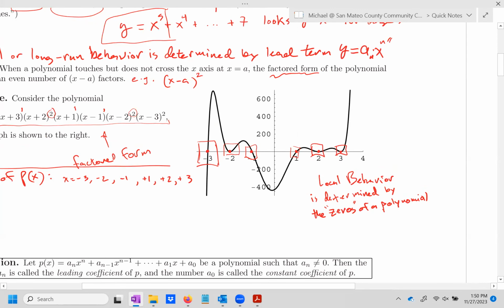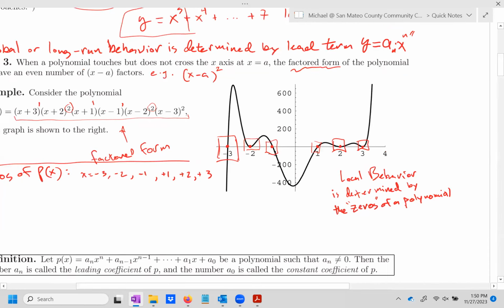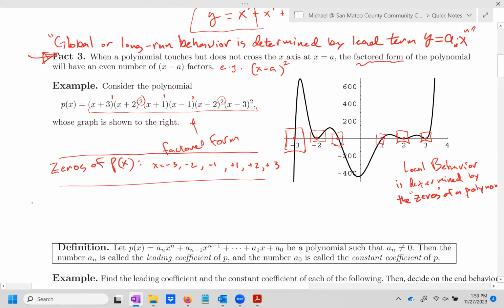What can you tell about the degree of this polynomial? Is it an odd degree or even degree? And how do you know? On one side it's going up, the other side is going down, at negative infinity, it's odd.